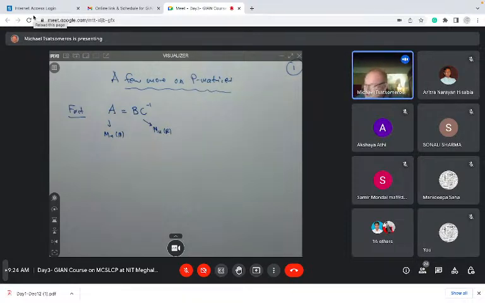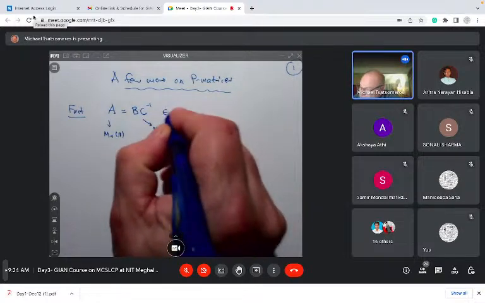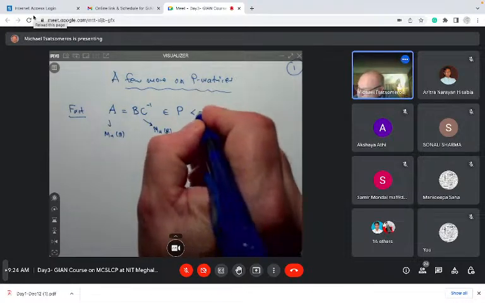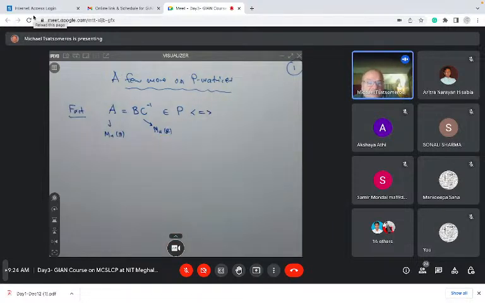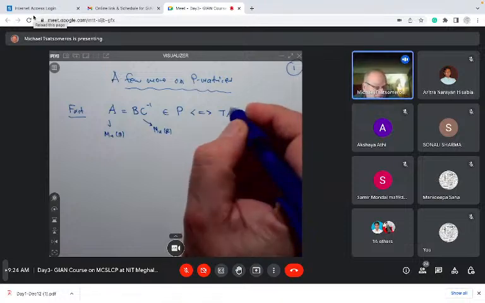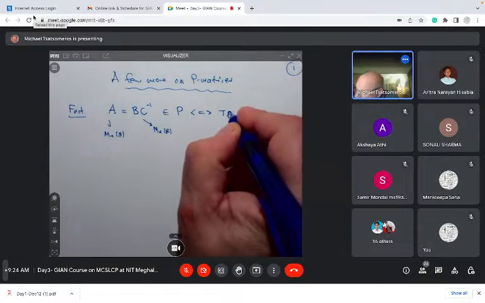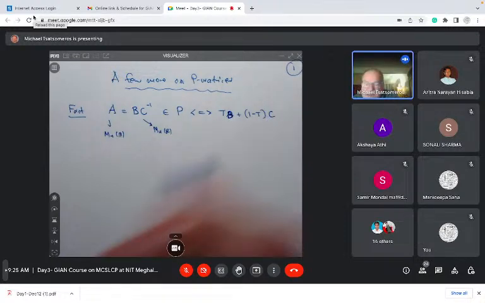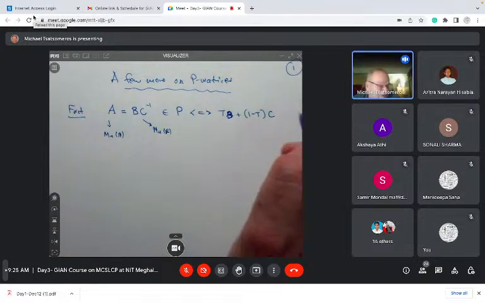This fact says that A is a P matrix if and only if you take the two factors and look at the matrices whose rows are convex combinations of the rows of B and C. In other words, if you look at all the matrices TB plus (I minus T)C, this is invertible.